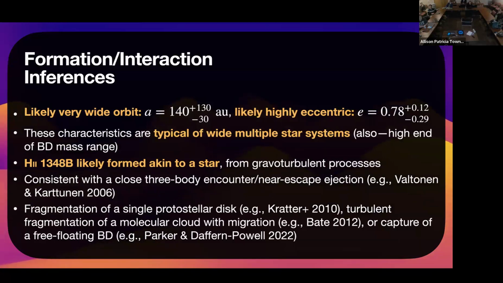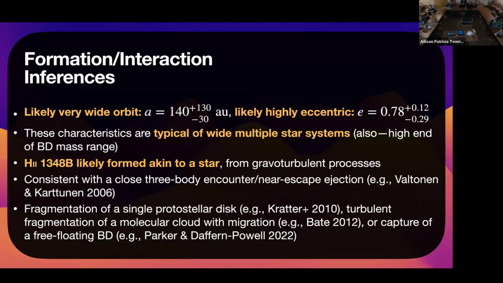And the inner binary, the spectroscopic binary, is also eccentric, which is interesting. I haven't shown a plot here, but there's likely a small mutual inclination between the wide brown dwarf companion and the inner binary. So this suggests some sort of interaction, a near escape process.